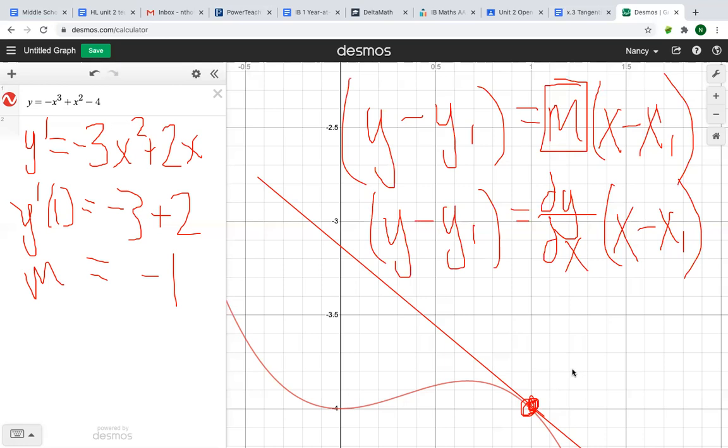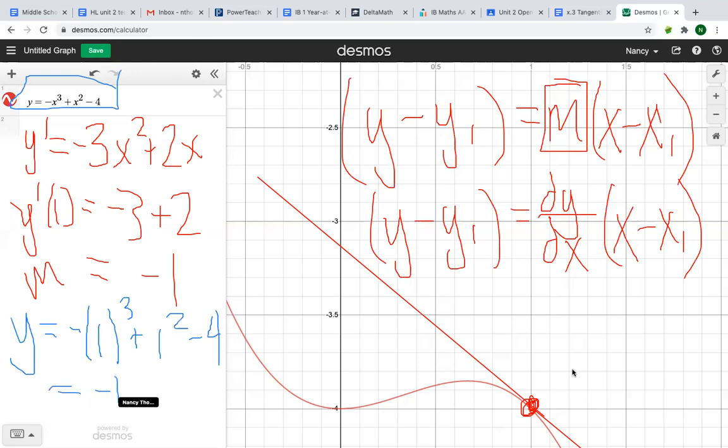So all I have to do is plug in the coordinates of that point. I know that the x value is 1. In order to figure out the y value, I plug it into my original equation. So y is equal to negative 1 cubed plus 1 squared minus 4, which is negative 1 plus 1 minus 4, which is just negative 4.